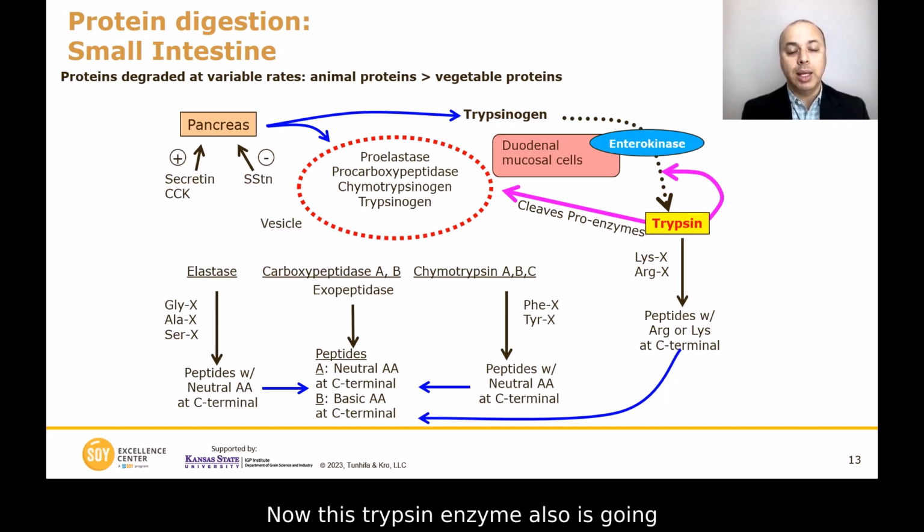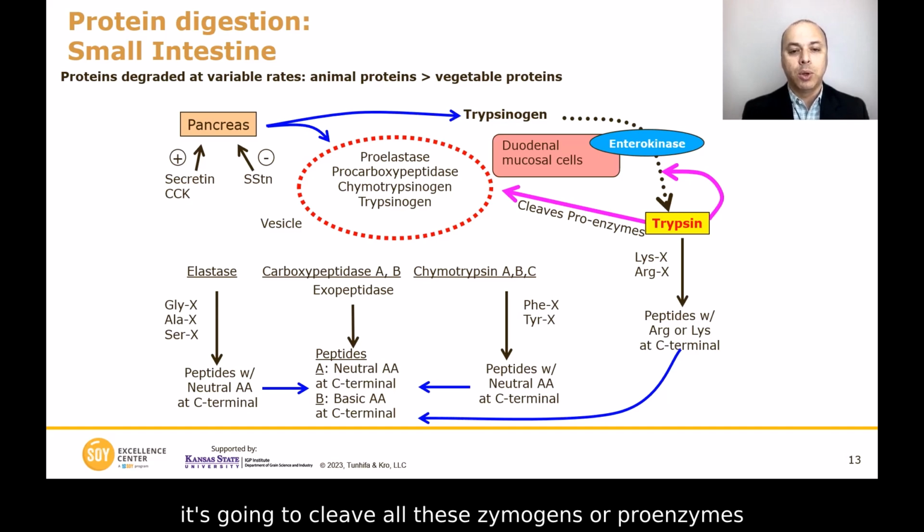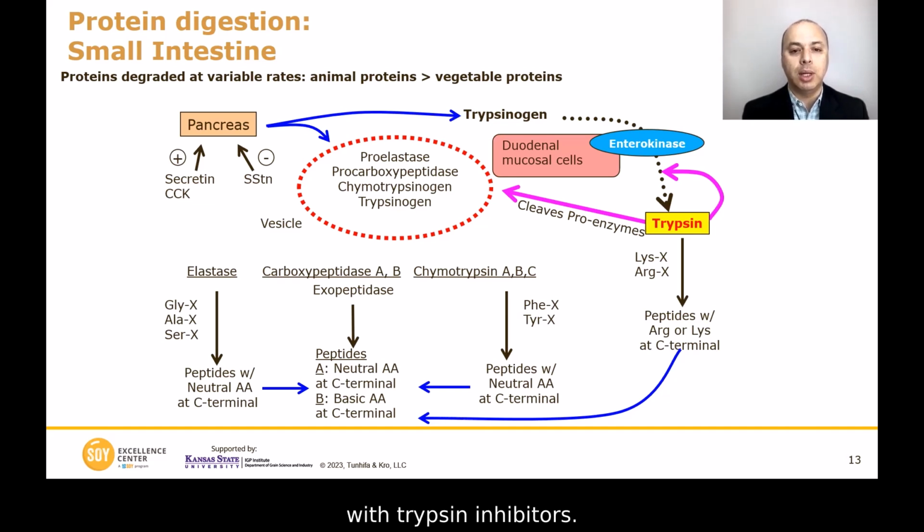Now, this trypsin enzyme also is going to act on all the other zymogens, and it's going to cleave all these zymogens or proenzymes and literally transform them from inactive molecules to active proteases. And this is one of the main reasons why we're so concerned with trypsin inhibitors.